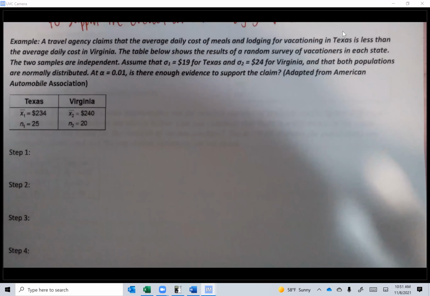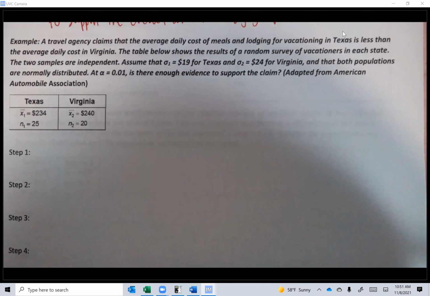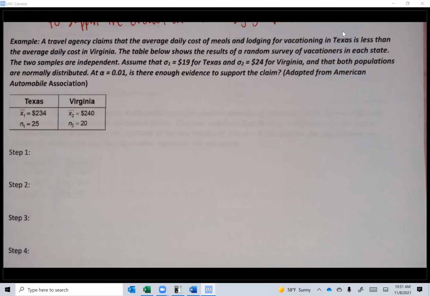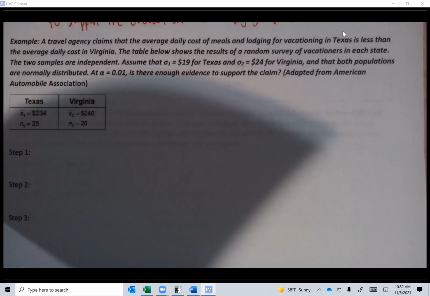Travel agency claims that the average daily cost of meals and lodging for vacationing in Texas is less than the average daily cost in Virginia. So guys, if I show you Texas is number 1 and Virginia is number 2.